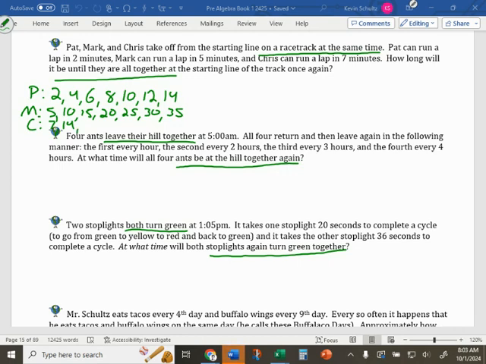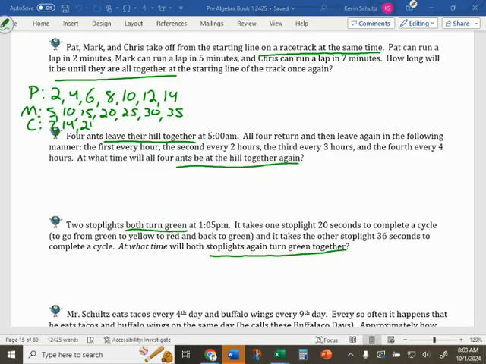So 14 minutes after these 3 start, Pat and Chris will be at the starting line together again, right? Pat will have run 7 laps by that time, Chris only 2, but they'll be there together again. Will Mark be there? No, he won't be there till 15 minutes, right? So 14 is not going to work for all 3 of them.